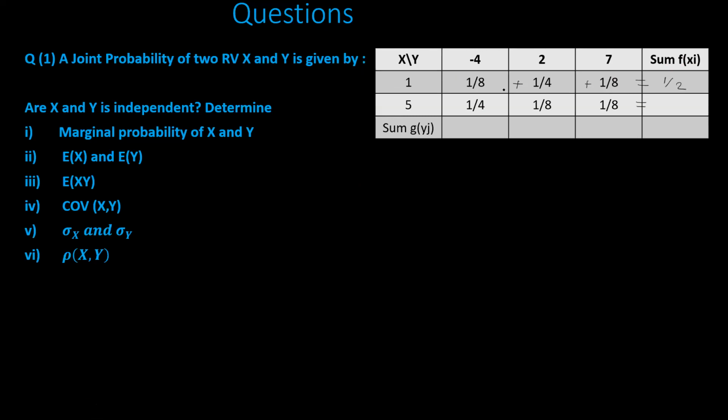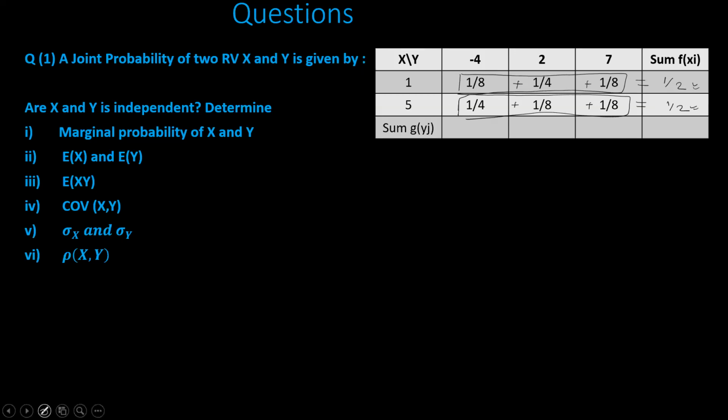And the value of 1/4 plus 1/8 plus 1/8, when you add this, is also 1/2. So now I have written the sum of these rows. Because x has two values, you will get two sum values.